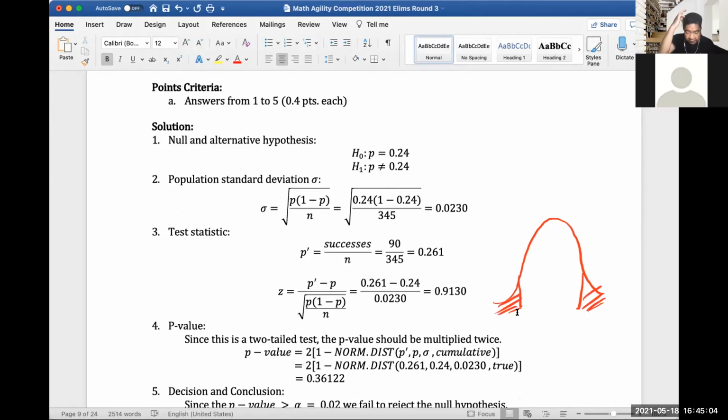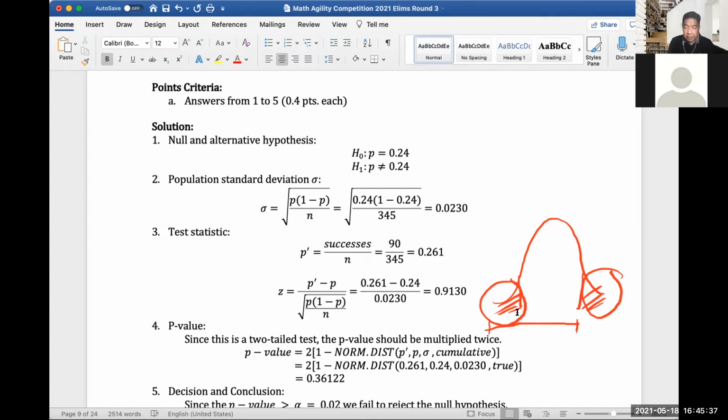To get the p-value, we need to multiply by 2 the quantity 1 minus the normal distribution of p prime, p, sigma, and cumulative. Cumulative will start from 0 up to here, that's why we subtract from 1, to be able to solve this area here. And we will multiply it by 2. Or we can also solve this other part since it's cumulative and then multiply by 2. We will get the same thing.